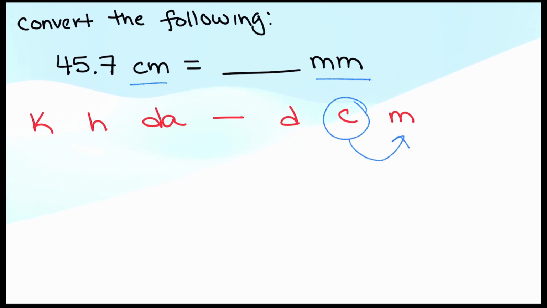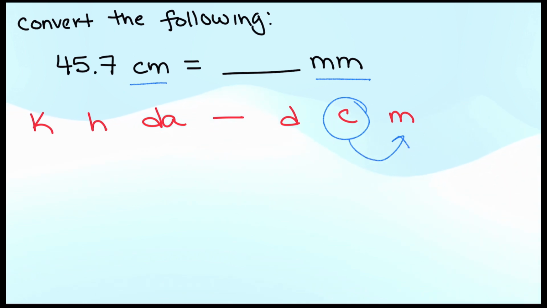In this problem, we want to move from C, centimeters, to M, millimeters. When I jot down my metric prefixes in order, I notice that to go from C to M, I have to move over to the right one place.